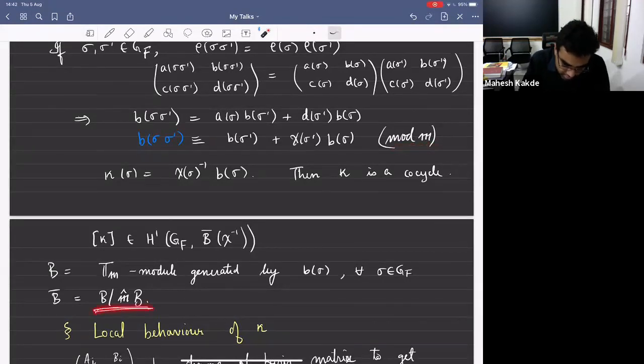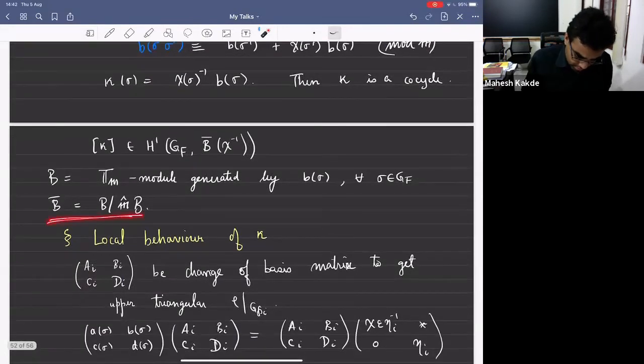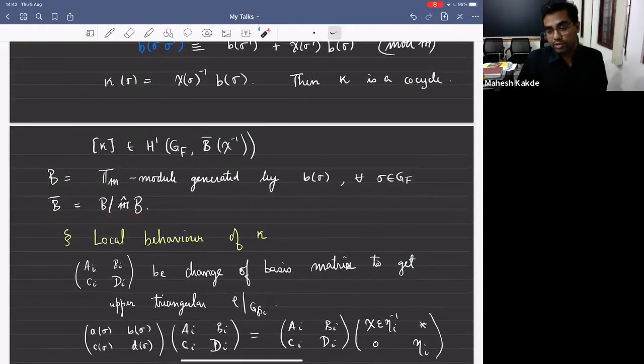Sorry, my m hat is just the extension of m to Tm. Here I should also write m hat. Anyway, I'll not be very precise with these hats or no hats. So that's how I get the cohomology class. So we have constructed the cohomology class that we want.